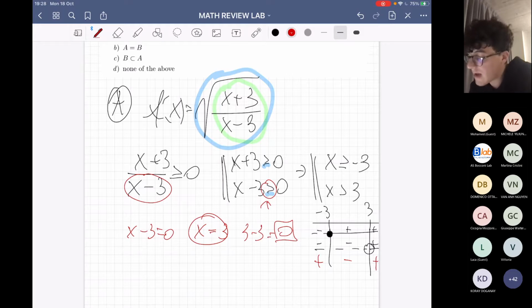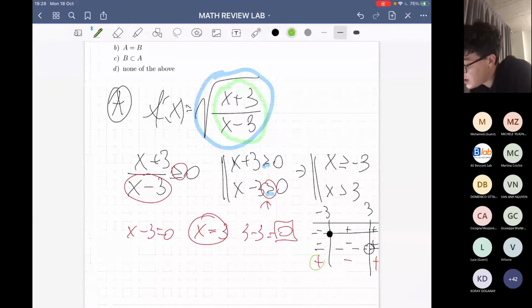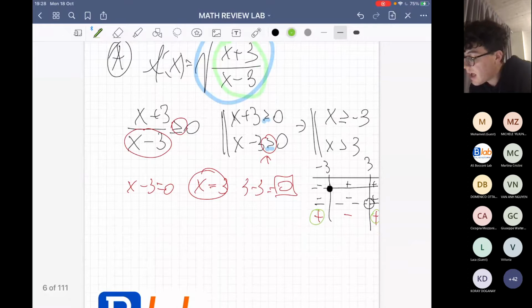So since we have greater than or equal here, we can establish that here and here we have to consider to calculate this range, this domain. And so A would be exactly equal to x less than or equal to minus 3, and also x greater than 3.